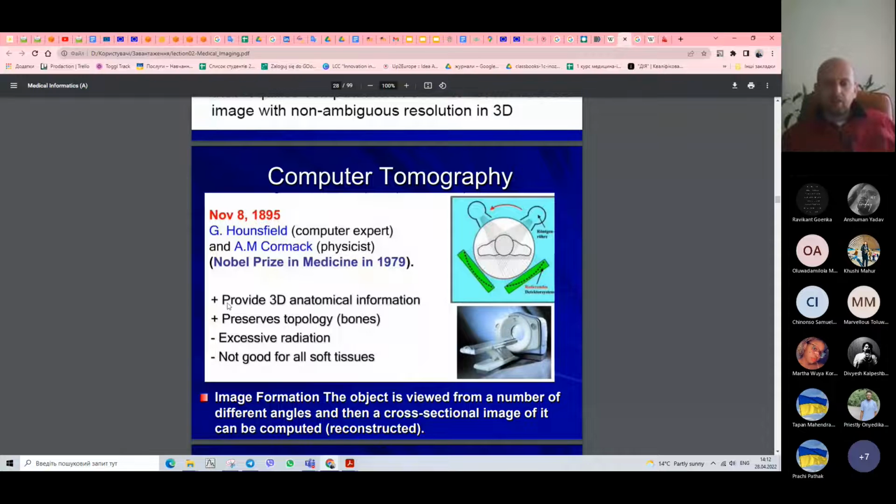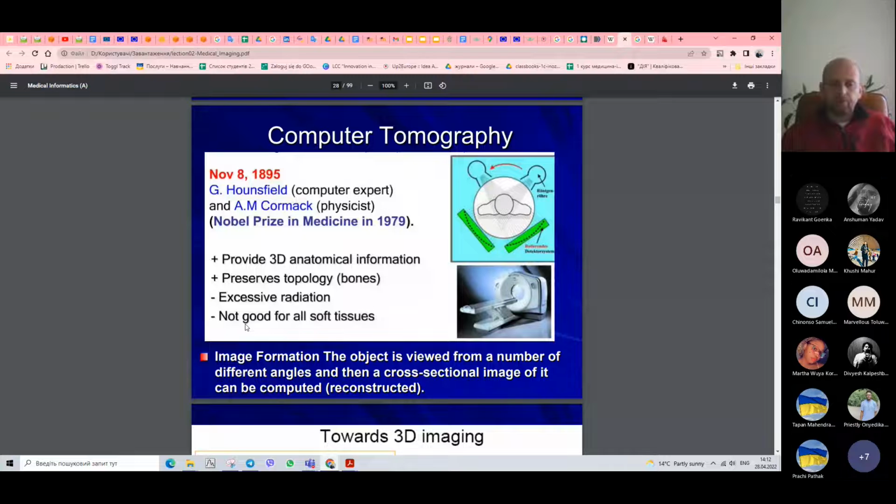They provide 3D anatomical information, preserve bone topology, but involve excess radiation and are not good for all soft tissue. Image formation: objects are viewed from a number of different angles, and then a cross-section image of it can be computer reconstructed.